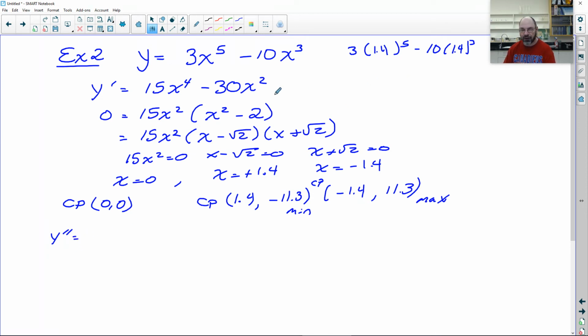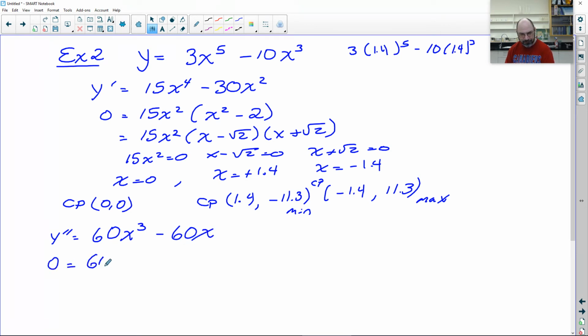Second derivative of this: 4 times 15, that's 60x cubed minus 60x. Set this to 0 to get our inflection points.